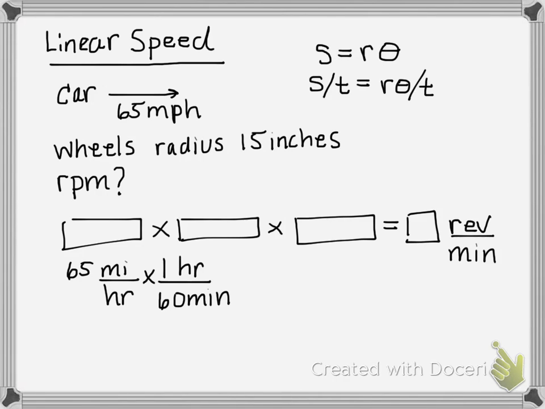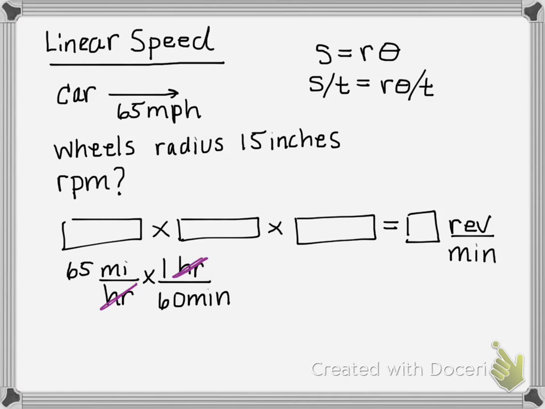And we can see that these hours are going to be canceling with these hours, and that's going to leave me with the minutes that I need. So right now, if I multiplied this out, I would end up with 65 over 60 miles per minute.